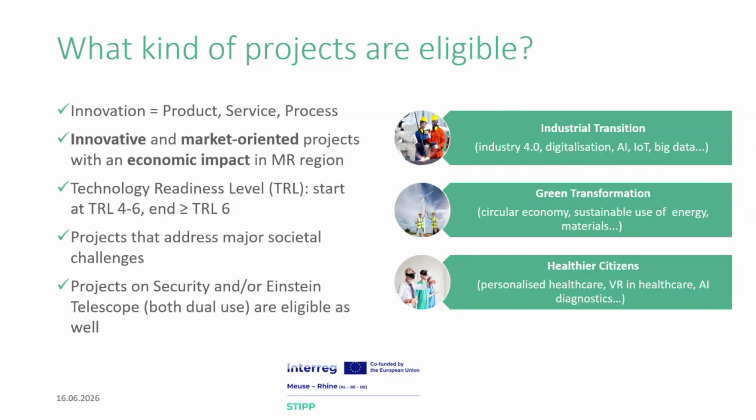It can also be broader than the MR region, but it would be nice if there is also impact in this region. As usual in grant schemes, there is a certain TRL level which you should fit within. For STIPP, you should start at TRL 4 and finish at TRL 6.